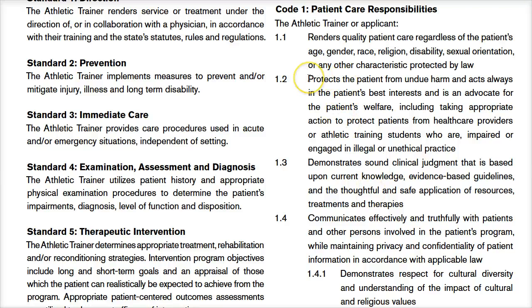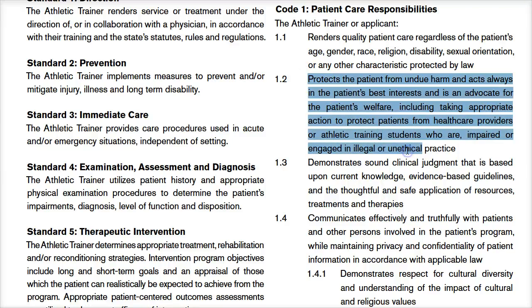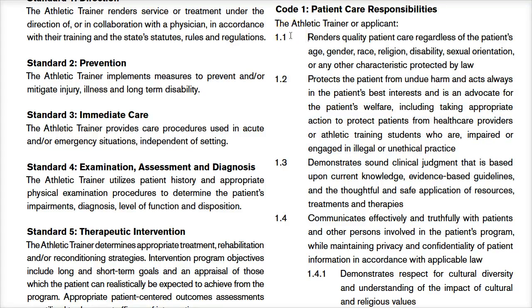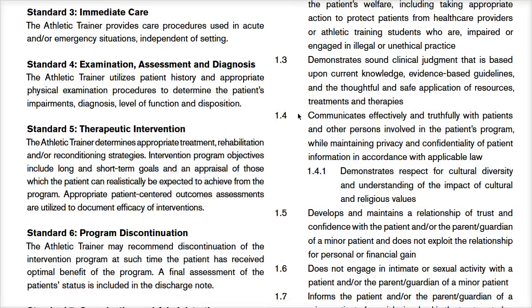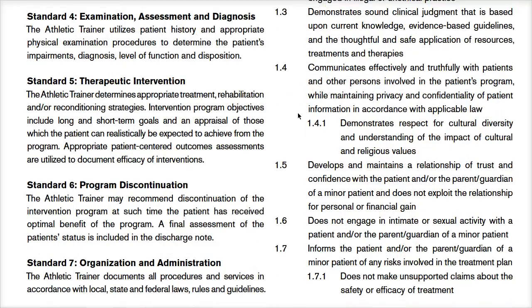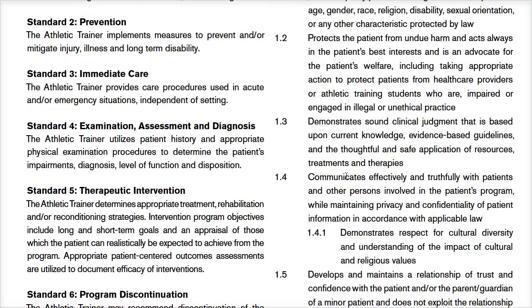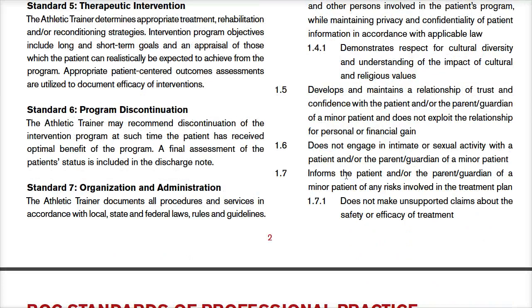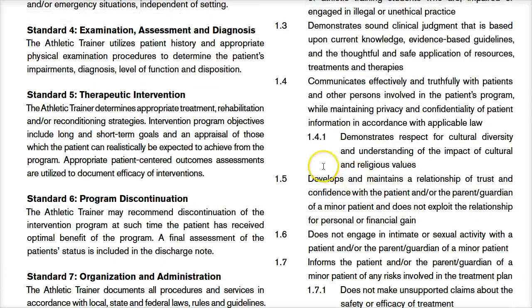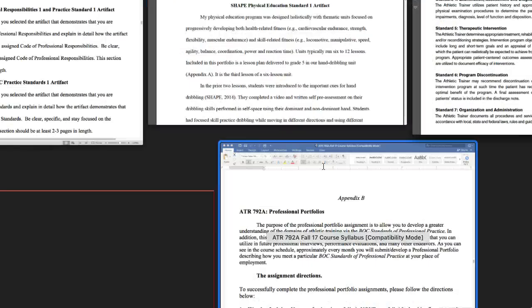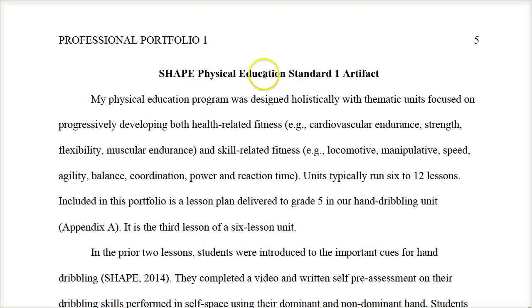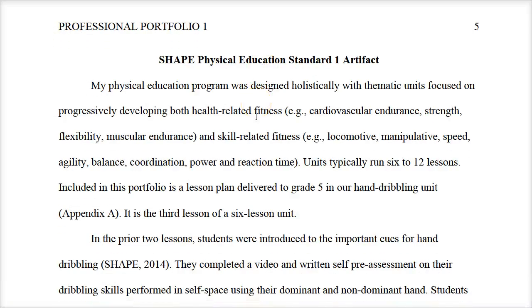You can refer the reader back to some of the subpoints, but you don't need to say that this artifact demonstrates I'm meeting substandard 1.1 because of this, then 1.2 because of this, 1.3 because of this, 1.4 because of this. That gets boring and redundant. Okay, don't do that. We want to look at the code as a whole, but you can bring in some of the subpoints. Again, it doesn't have to be all the subpoints. Again, if you're unsure what to do, please ask. I'm here to help.